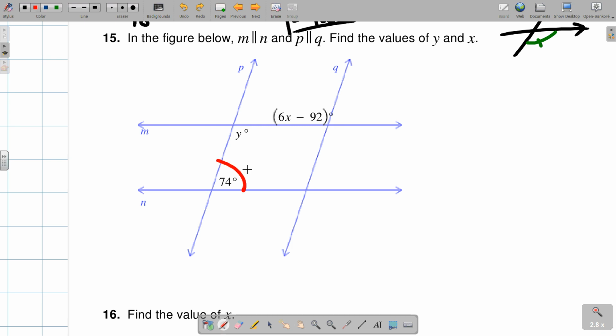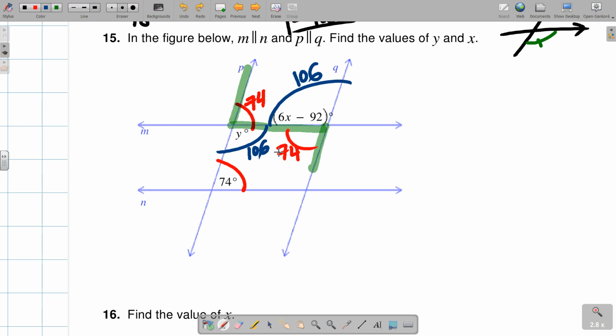Hopefully you noticed I've got 74 as this 74. And you should have gotten armpits of the Z, which makes this 74, which makes going this way 106. And then you solve 6x minus 2 equals 106, which makes this also 106. Alright, parallel lines.